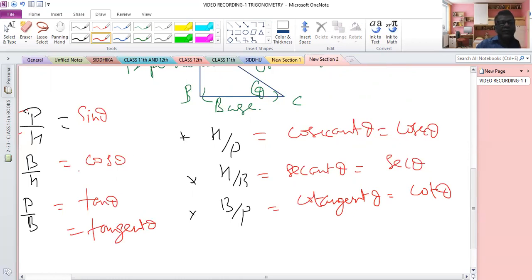And the complete name of cos theta is cosine theta. And the complete name of sine theta is sine theta. Okay. So these are the 6 ratios. We can't create more than 6 ratios. You can check that.